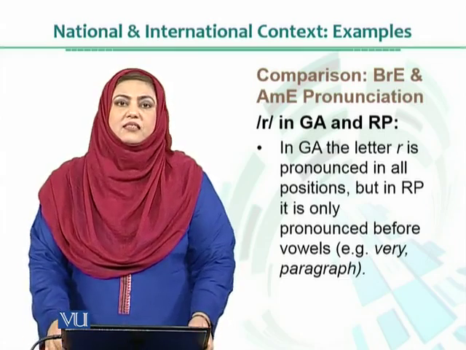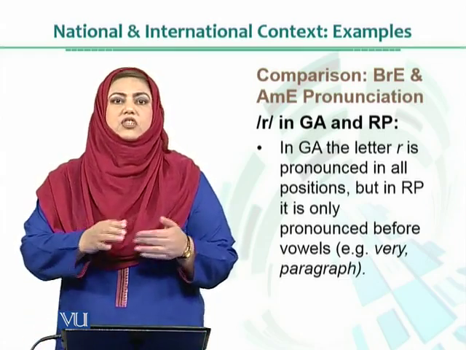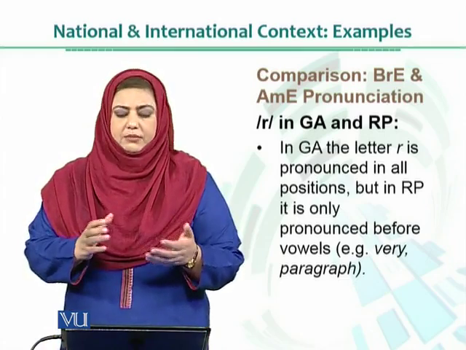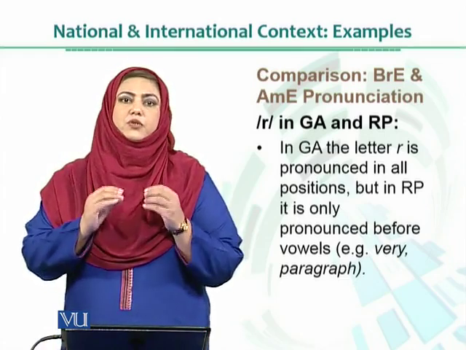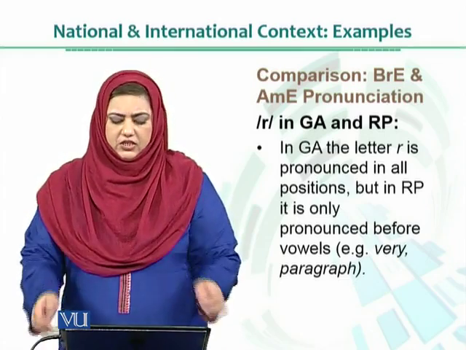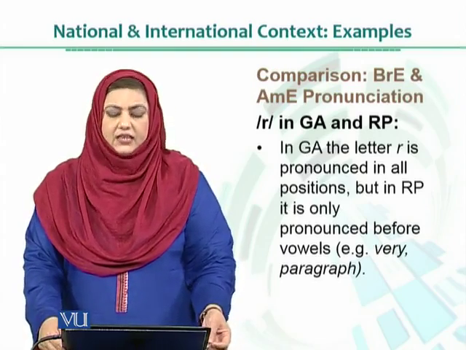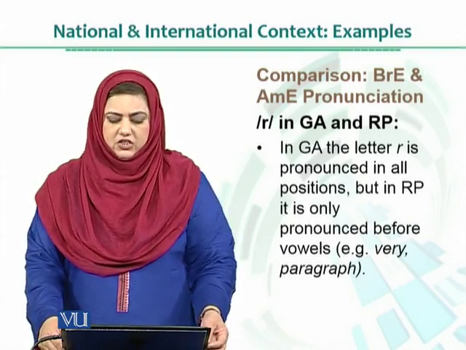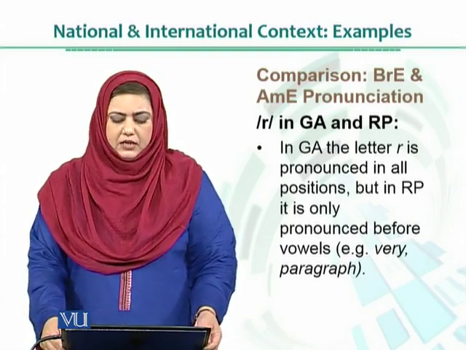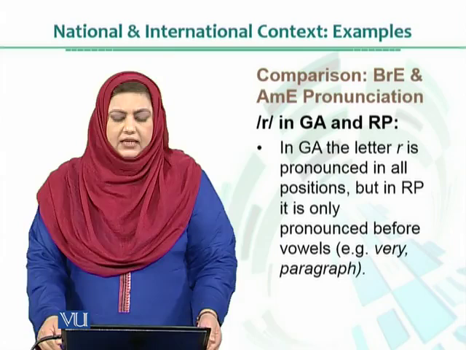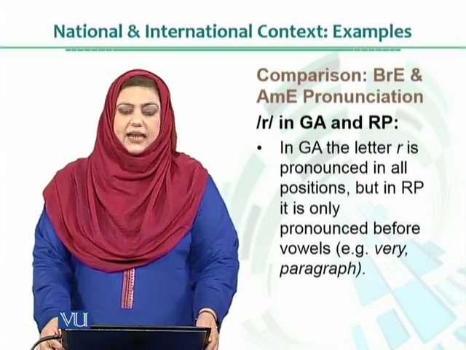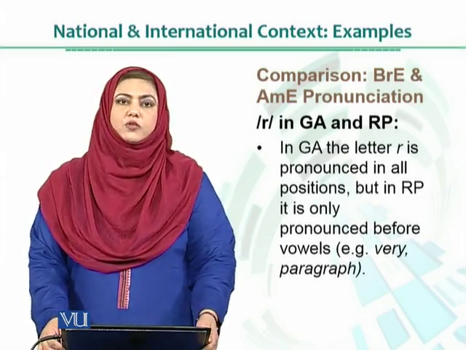There can be comparisons, not necessarily with Australian English. A linguist can synchronically look at a comparison or a contrast between the American English and the British English. For example, the R sound in general American English and in received pronunciation, that is shown here with RP. If we compare that, in general American pronunciation, the letter R is pronounced in all positions.